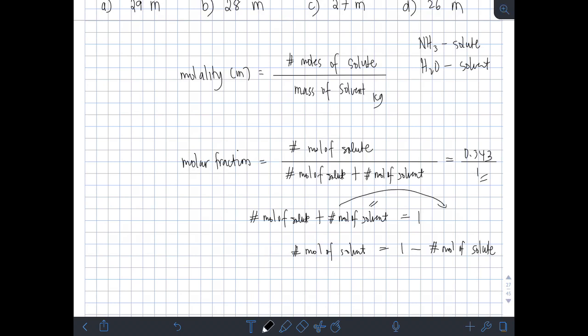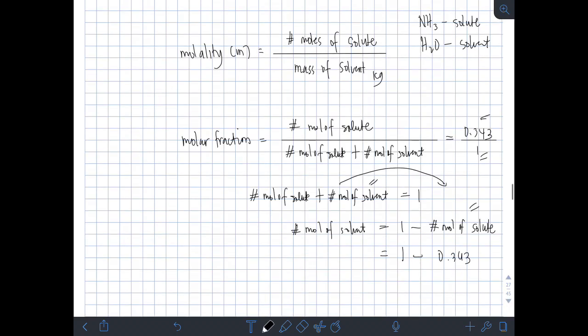Just transpose it here. It is 1 minus 0.343, so the number of moles of solvent is 0.657 moles. Now we have both the moles of solute, 0.343, and the moles of solvent, 0.657 moles.